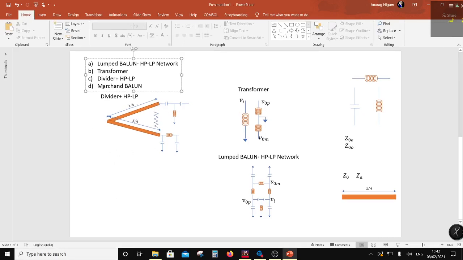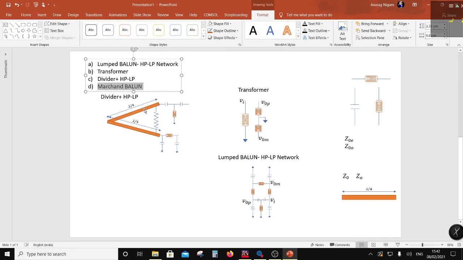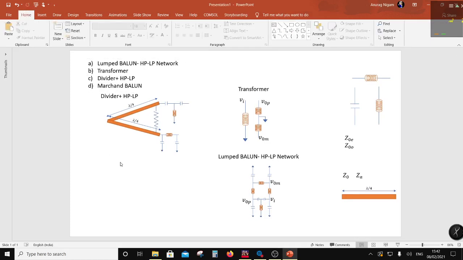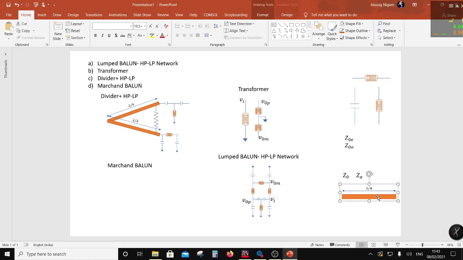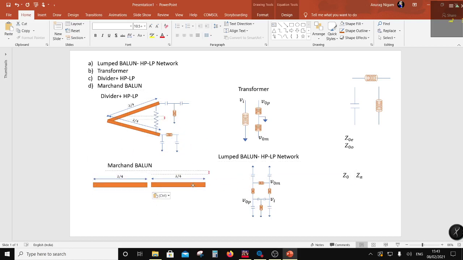Then there is this Marchand BALUN, which is very commonly used in chip design as well as in something on a PCB or a laminate. Like we are going to use an LTCC version of it, right? So in this case, what you have is a lambda by 4 line and another lambda by 4 line following that, and then there is a coupler, right?